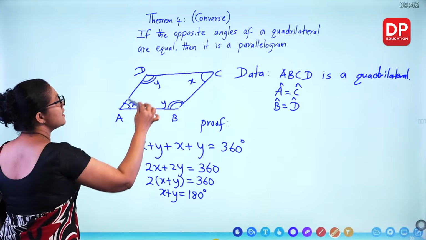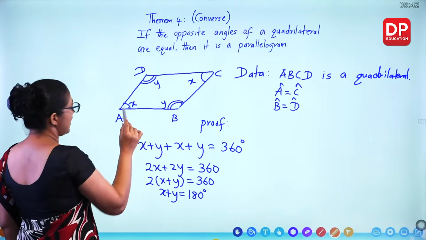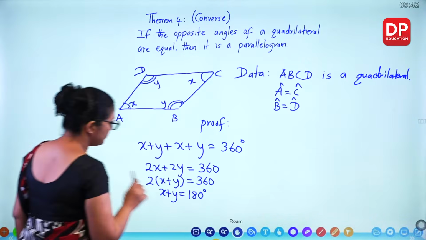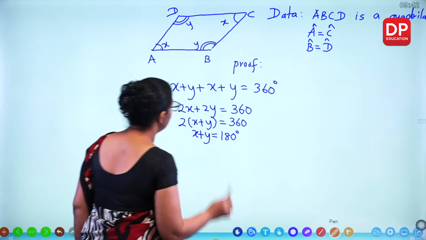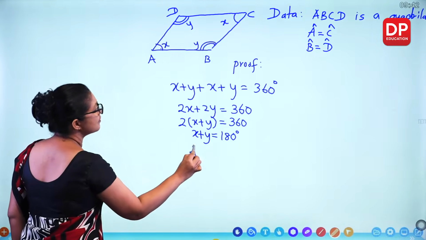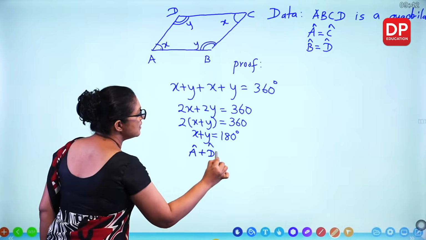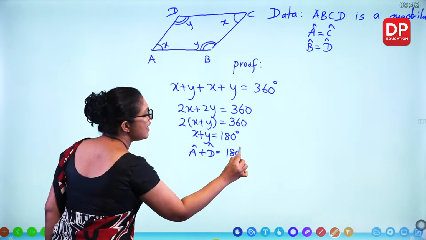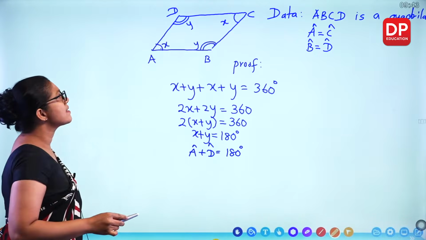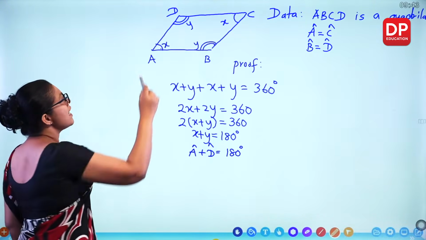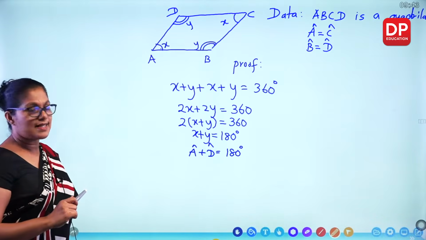When you take A and D angle, if you take A as X angle, D as Y angle, A plus D is 180. What are these two angles, A plus D? If you take these two lines, these are allied angles.